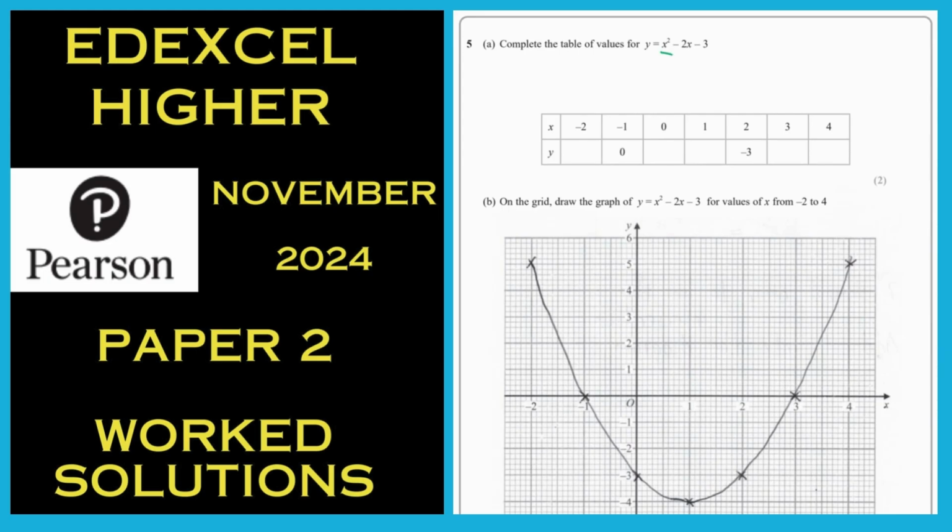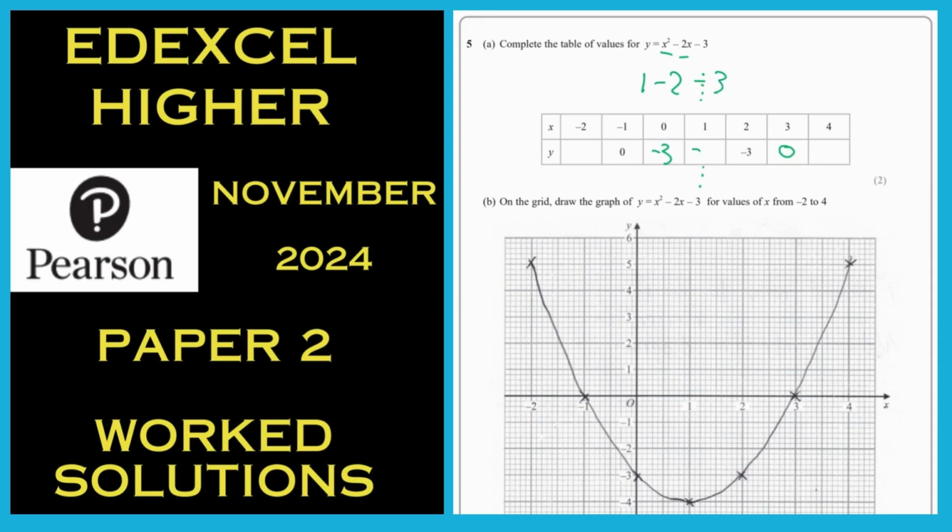Sub in 0: 0, 0, minus 3. There you go. You've got your line of symmetry. The minus 3 and the minus 3, that makes the 0 reflect up here. Let's sub in 1. 1 squared minus 2 1s minus 3.